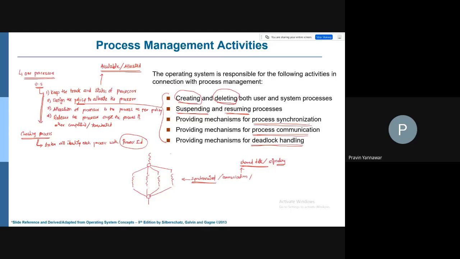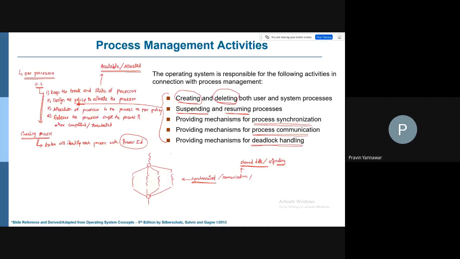Okay, so these 5 activities we need to take care of whenever we are designing the policy. At the time we are designing a policy, we are taking care of these activities. Like, if they are being executed in parallel, how are they going to communicate, what if they need the same kind of resource, right?